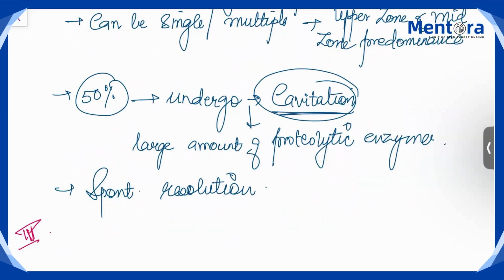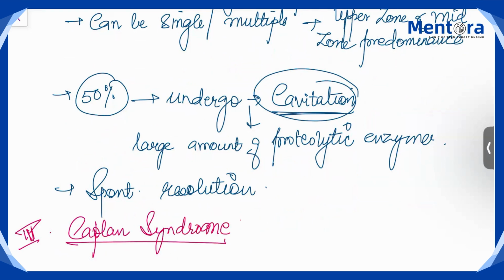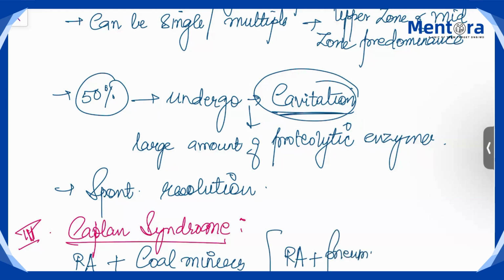One more important point associated with rheumatoid effusion is Kaplan syndrome. What is Kaplan syndrome? This is rheumatoid arthritis associated with coal miners' pneumoconiosis. So that is rheumatoid arthritis with pneumoconiosis.